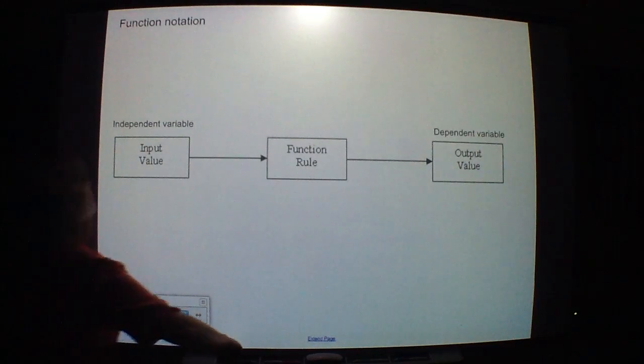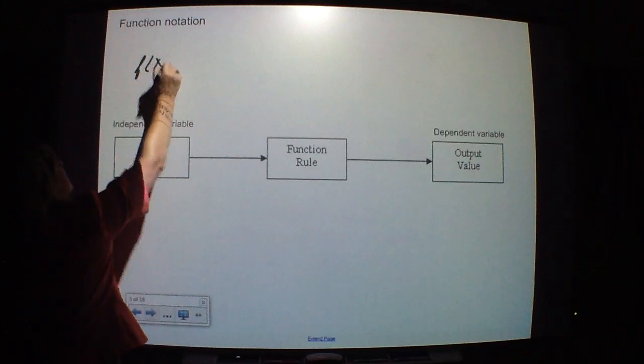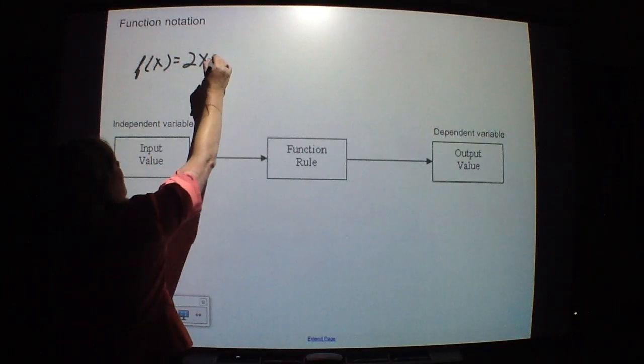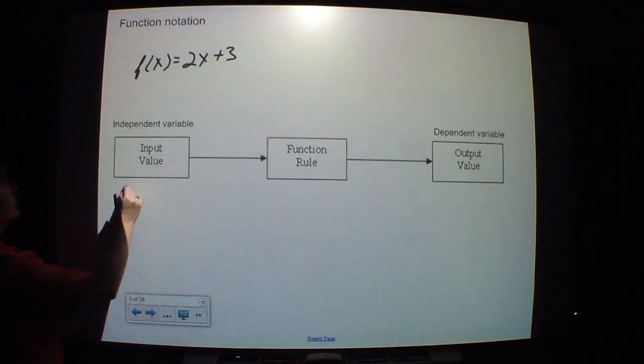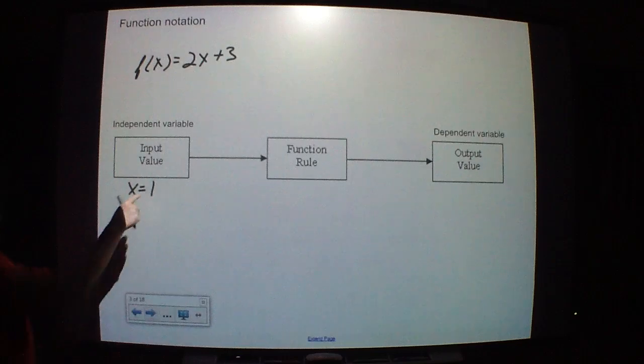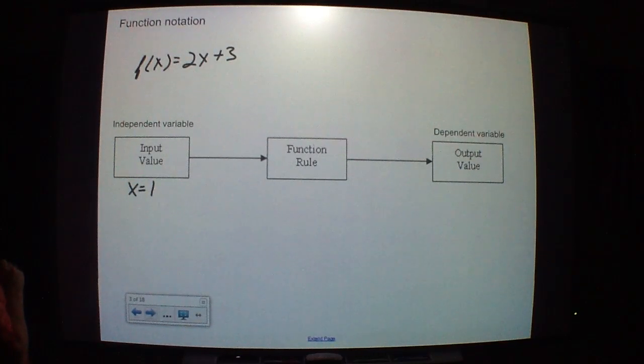So I have some function. Let's say f of x is equal to 2x plus 3. So I have some input value. Say x is equal to 1. X is equal to 1 is my input value. It is my independent variable.